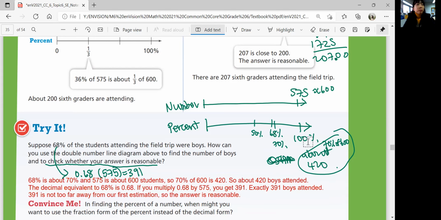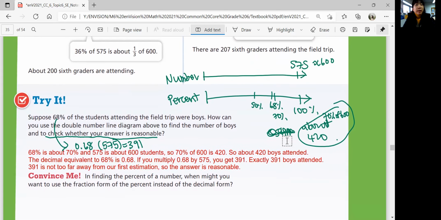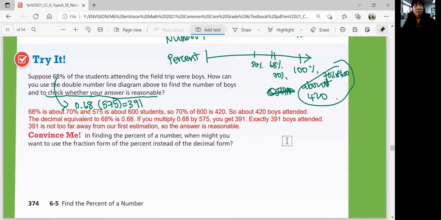There you go. Convince me. In finding the percent of a number, when might you want to use a fraction form of the percent instead of the decimal form? When would you use the fraction, and when would you use the decimal? Here, we want to use the decimal when we're multiplying it out and getting the exact answers, right? When would you use fractions though? You use the fraction form of a percent when the percent is equivalent to a fraction that's compatible with the whole number.